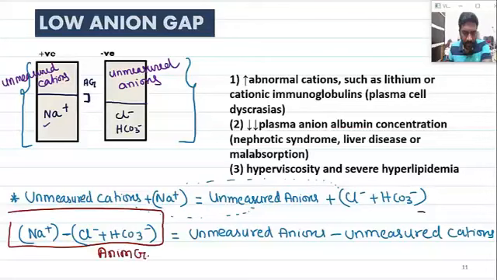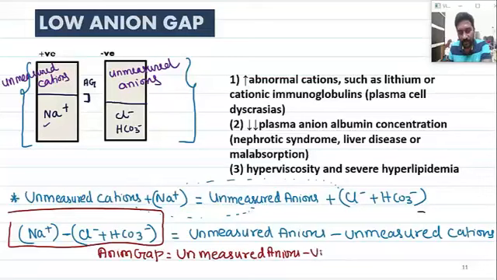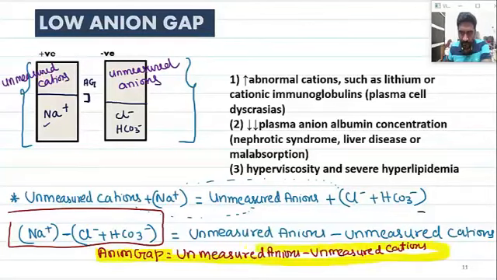So anion gap will be equivalent to unmeasured anions minus unmeasured cations. So very important relation. With simple mathematics, I have derived that anion gap is equal to unmeasured anions minus unmeasured cations.